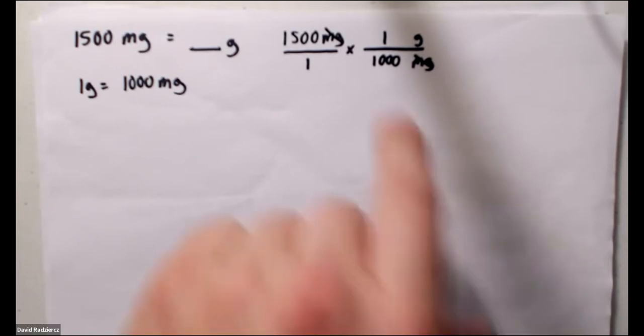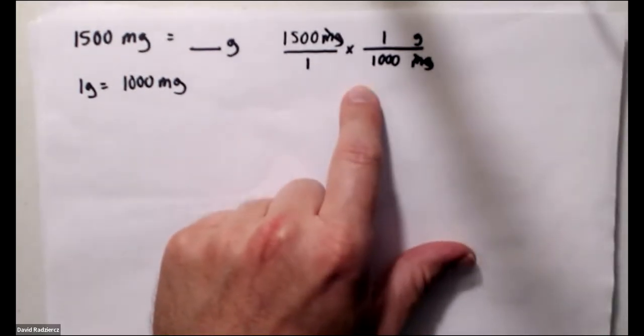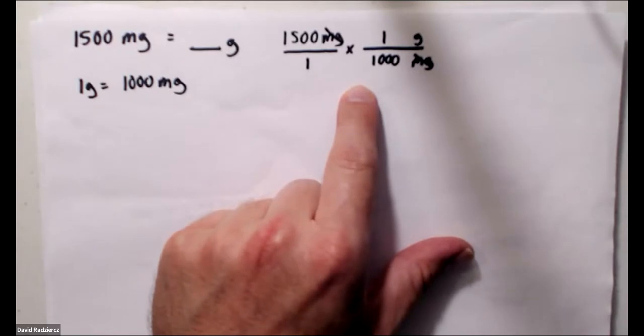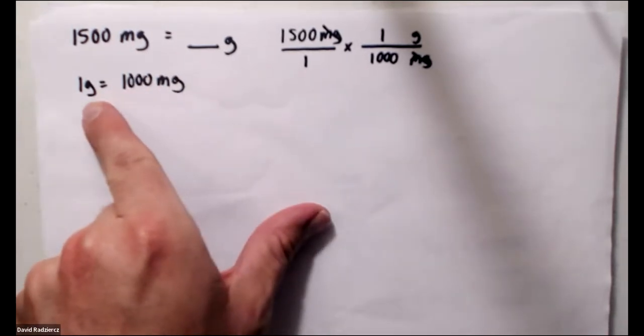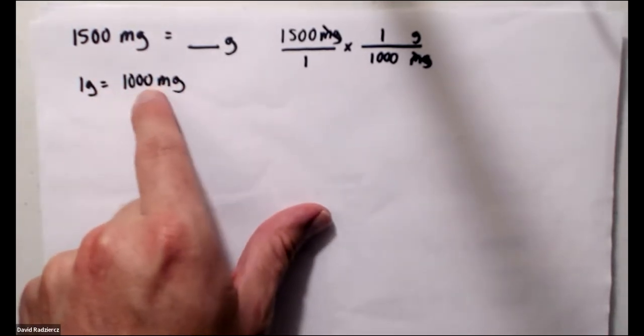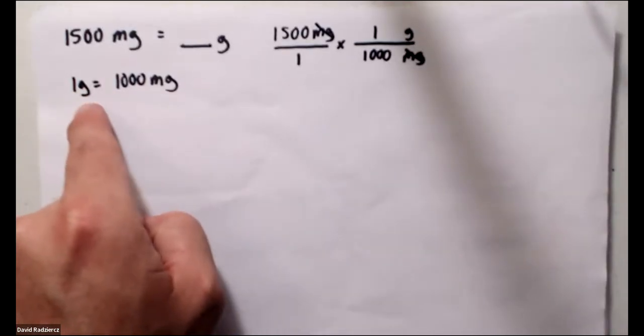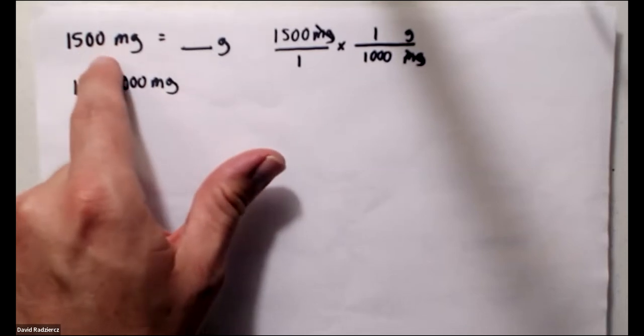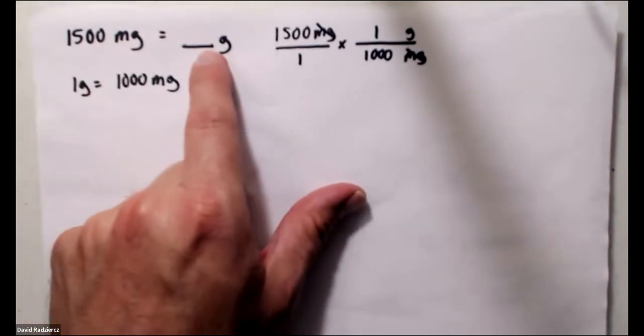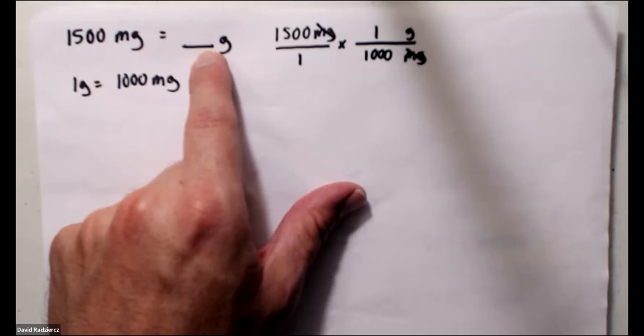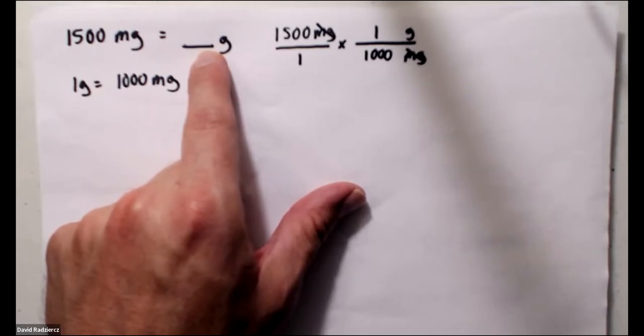Sometimes you guess going in the opposite direction, and you're like, well, which way is it? If you do this a couple of times, you'll always remember. The other thing is, notice that 1 gram is 1,000 milligrams, so it takes more milligrams to equal a gram. So if this is 1,500 milligrams, it's not going to be 15,000 grams. It's going to be a smaller number because of the conversion.